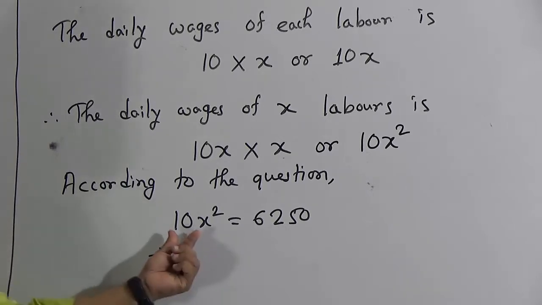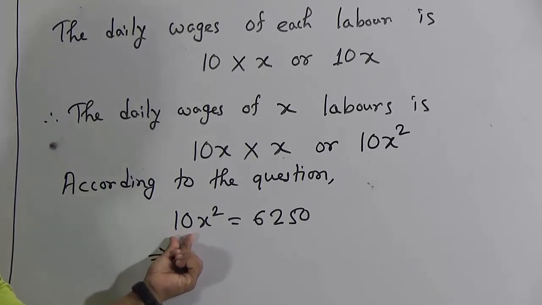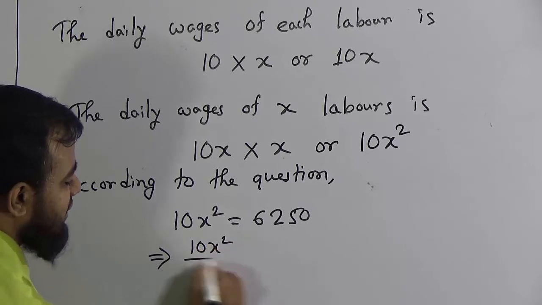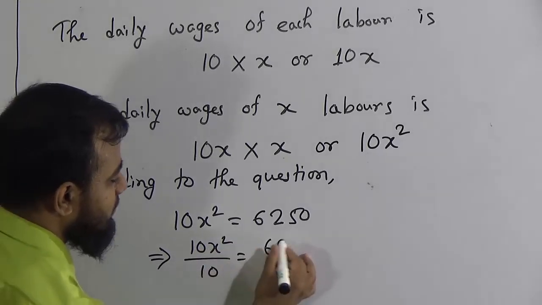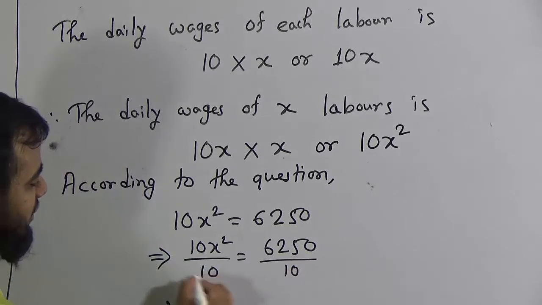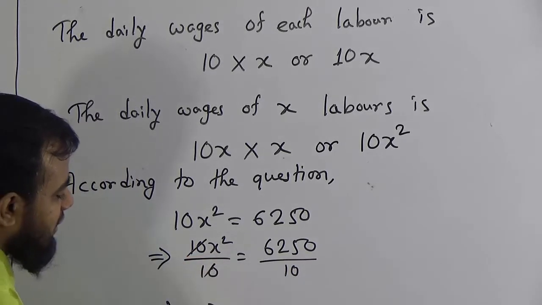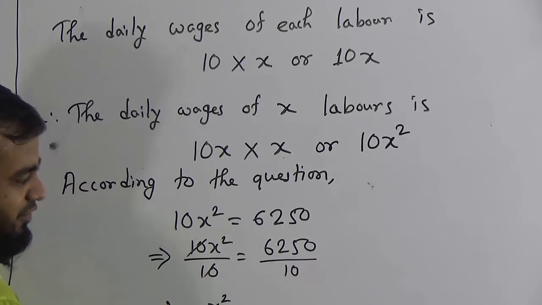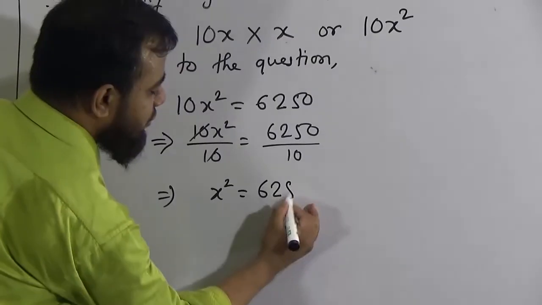To calculate the value of x, we need to omit this 10 from the left side. To omit this 10, we need to divide both sides by 10. So the 10 will be omitted. On the left side, x squared remains, and if we divide 6,250 by 10, we will get 625.